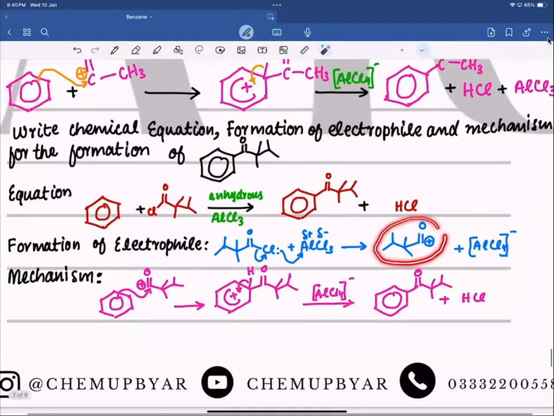What I just did, I flipped this because I have to show the positively charged carbon facing towards the benzene ring over here. Yes, anything else you want to ask? No sir. Clear.